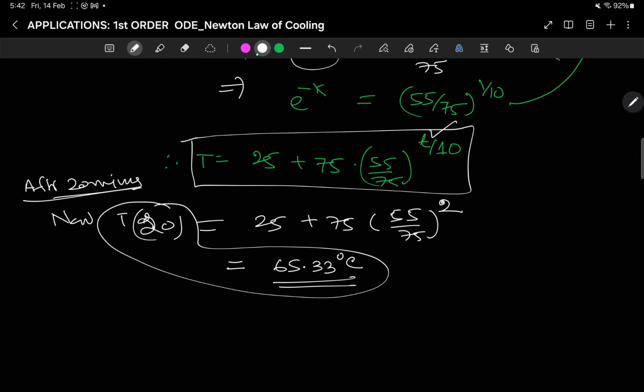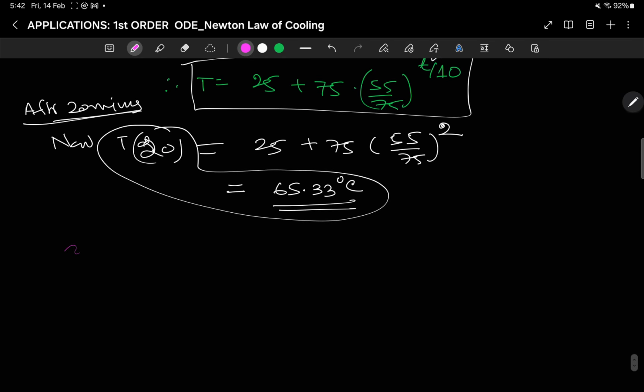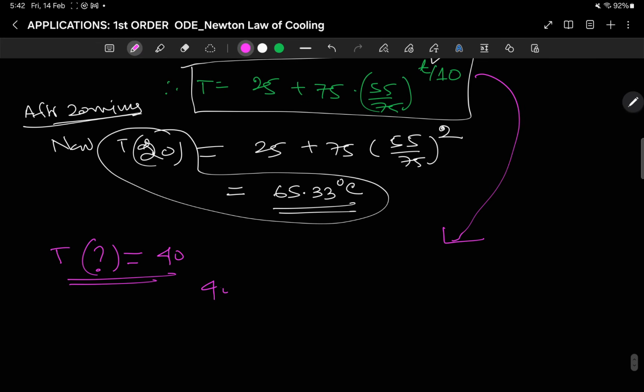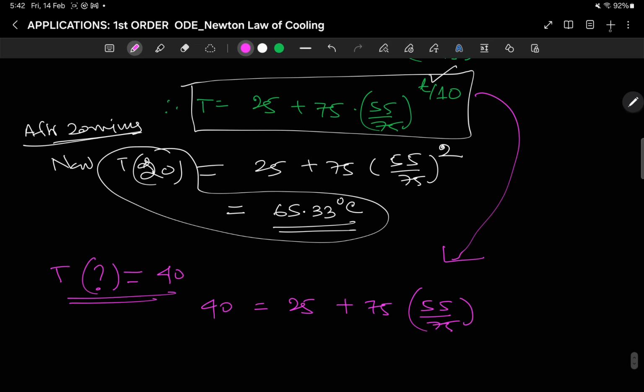Now coming to the last part, T of what is equal to 40 degrees centigrade. So we have to find that. Here 40 is equal to 25 plus 75 into (55 by 75) to the power t by 10.